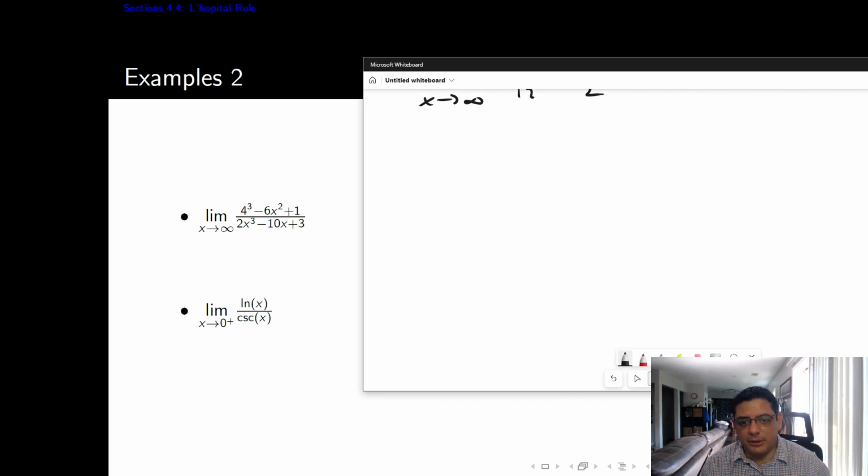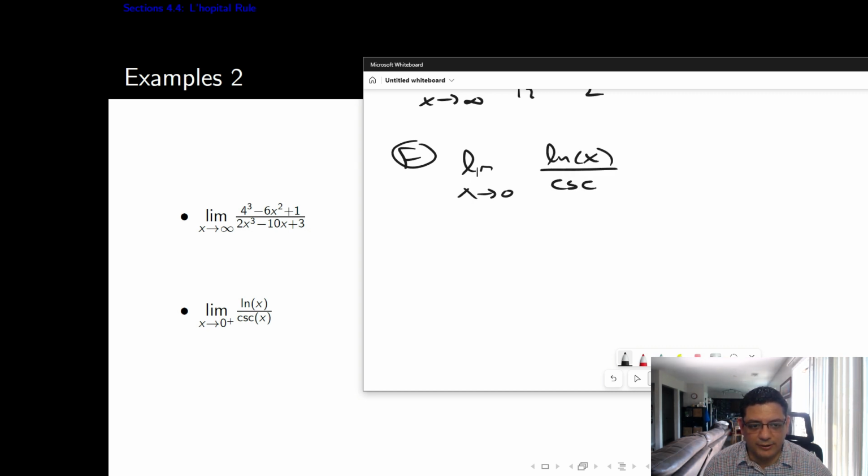Last, we have the limit when x goes to 0 of log of x over cosecant of x. Now remember that cosecant is 1 over sine. So this is going to infinity. And log of x is also going to infinity in absolute value when we're approaching 0 from the right side.